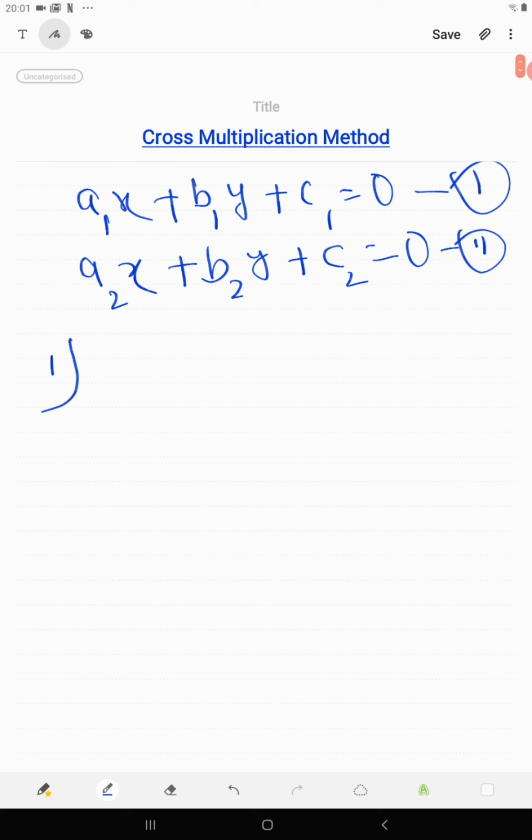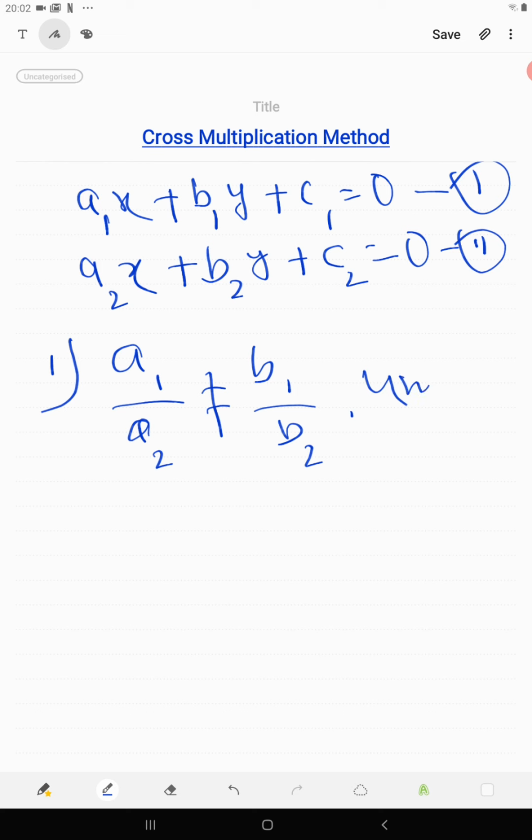Case 1 is if a1 by a2 not equals to b1 by b2, then we will have a unique solution.